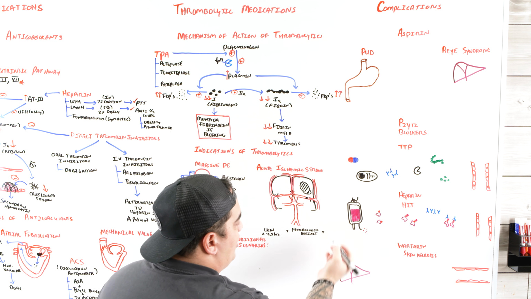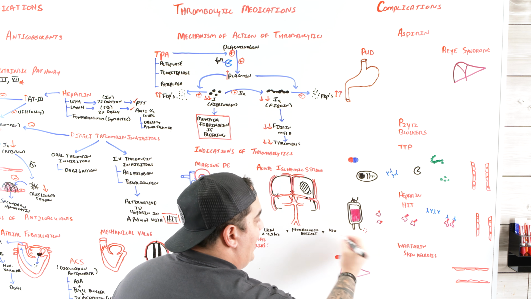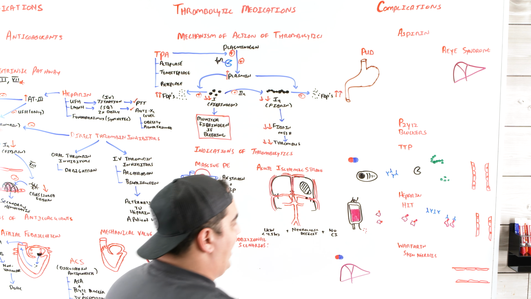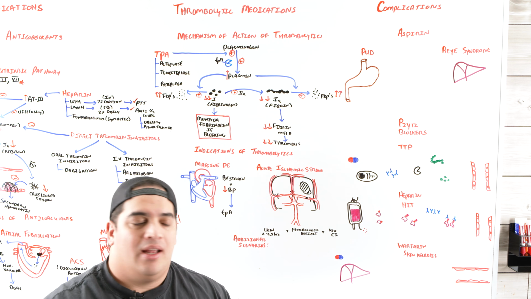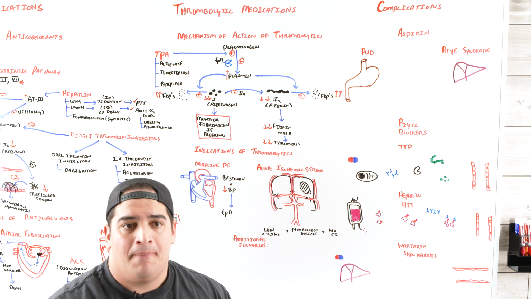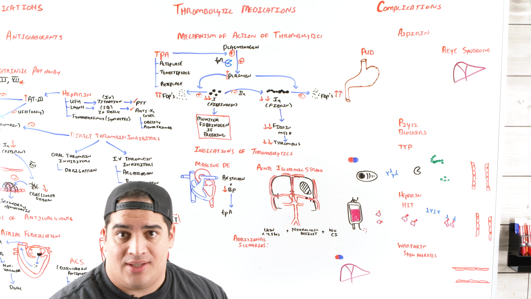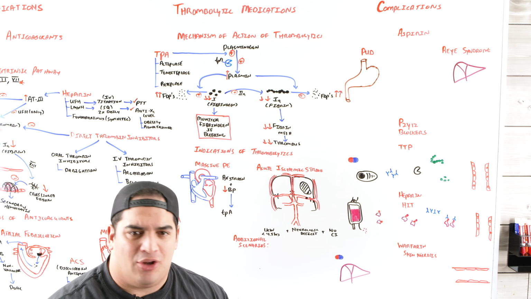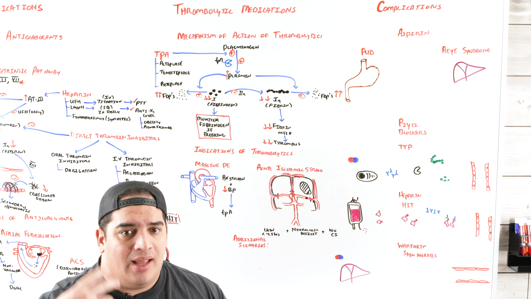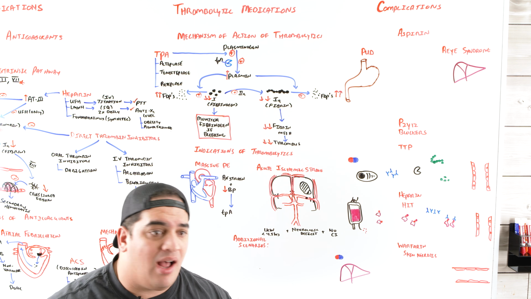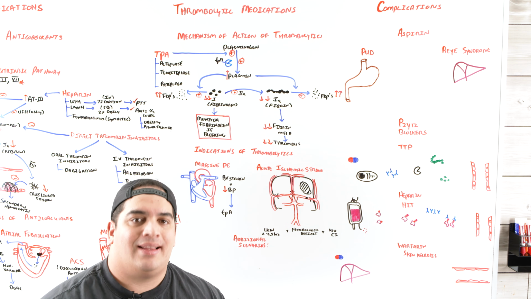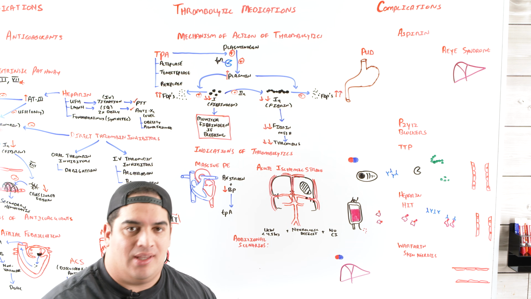And on their imaging, they have no bleed or no contraindications against this. In other words, if they have a recent bleed, they're on anticoagulants or something that's contraindicating it, their blood pressure is way too high, they had surgery recently on their spine or on their brain, something like that that contraindicates them, then you can't give the TPA.